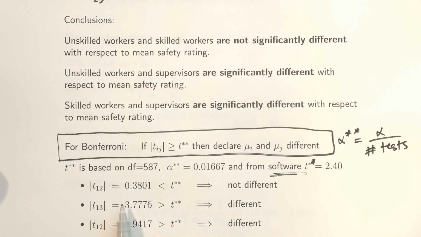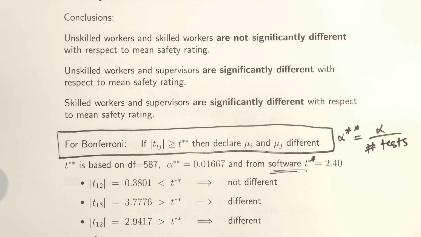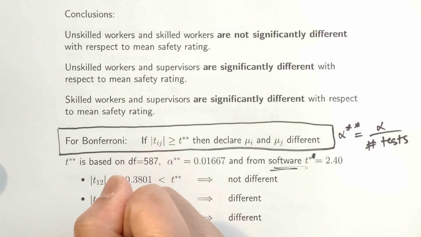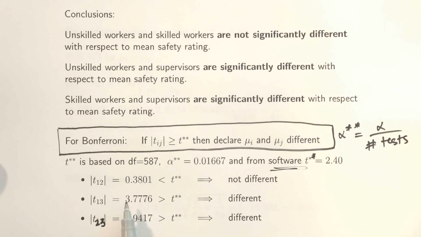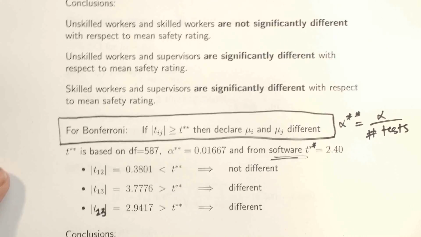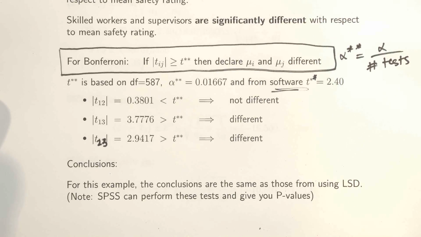And again, the test statistic values are the same as what we used in our least significant difference. There's a typo here. But we come to the same conclusions: the skilled and unskilled workers are not significantly different from each other. The unskilled and supervisors are significantly different, as are the skilled and supervisor groups. So the conclusions are the same as you get from the least significant difference for this particular example.